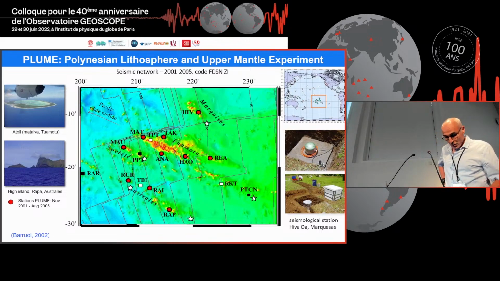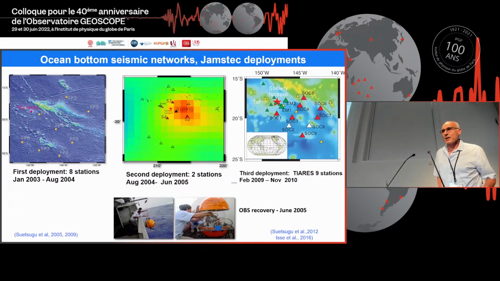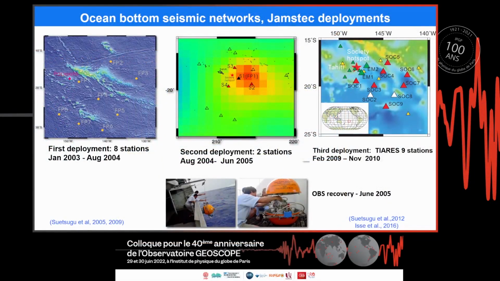We also combined the observations with ocean bottom seismometers between the archipelagos. These ocean bottom deployments were performed with JAMSTEC colleagues, Daisuke Suetsugu: a first deployment between the different archipelagos, a second small deployment following in 2004, and then a higher resolution deployment just above the Society hotspot in 2009.